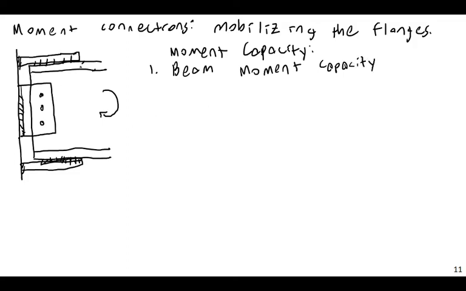And when this transmits moment, one of these plates is going to go into compression and the other into tension. For example, if this was positive bending moment, where this thing wanted to bend like this, the top flange here would be in tension and the bottom flange would be in compression. Just basic beam theory here. One plate would then transmit a tensile force to the column here, and one would transmit a compressive force to the column there.